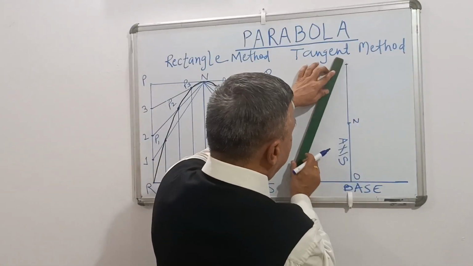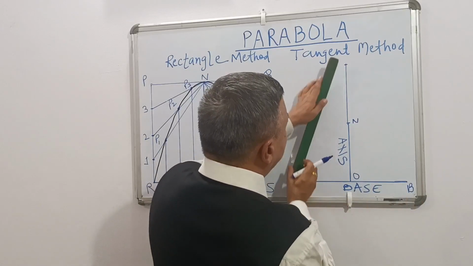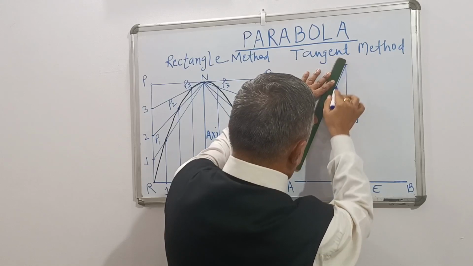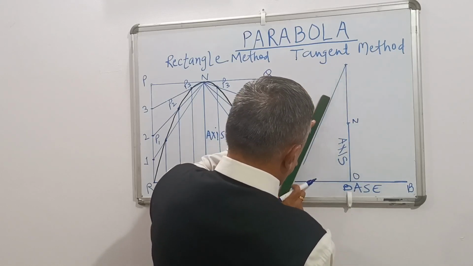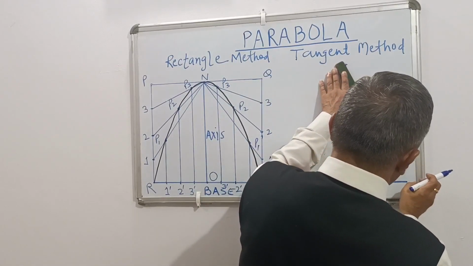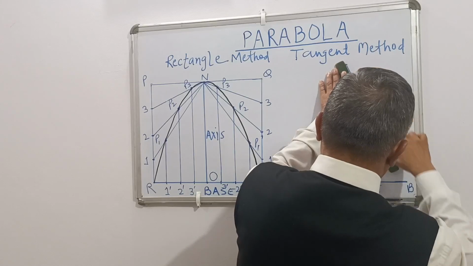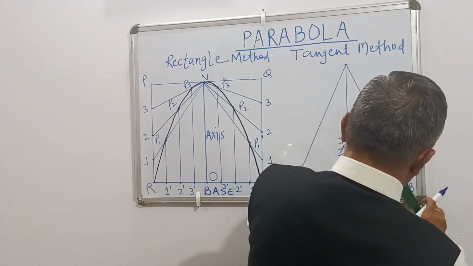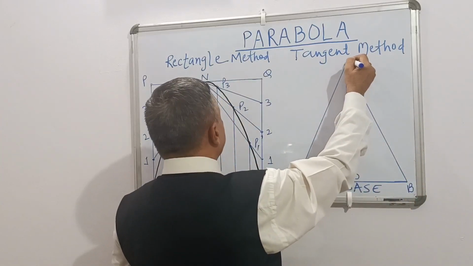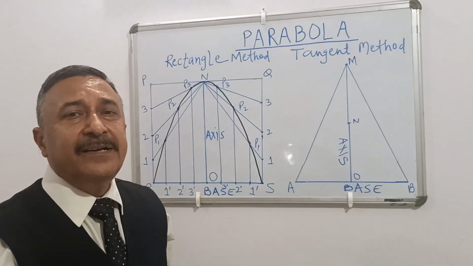Now we join, suppose this point is A and this point is B. We join them, so this is our triangle.